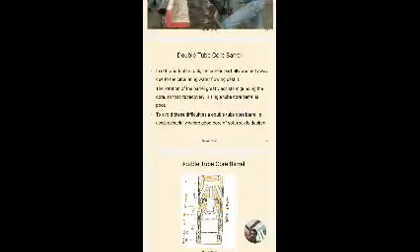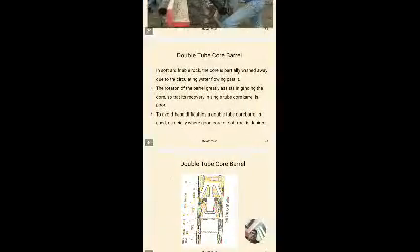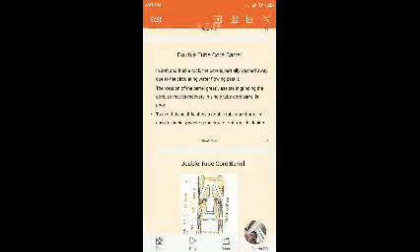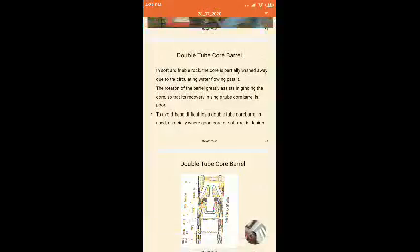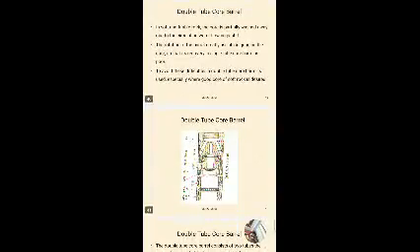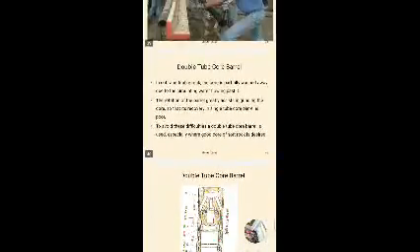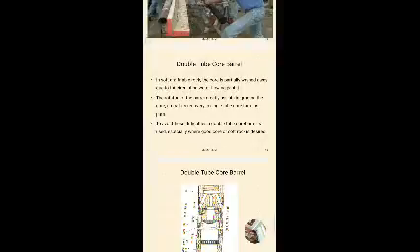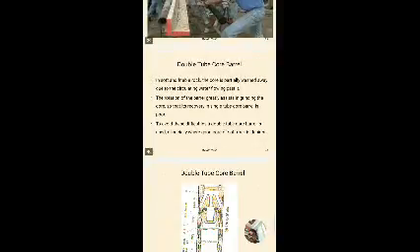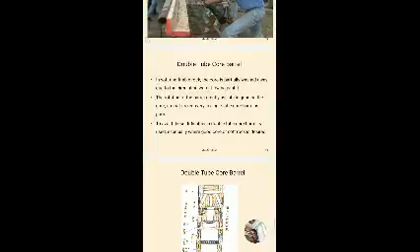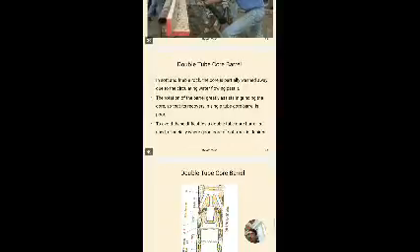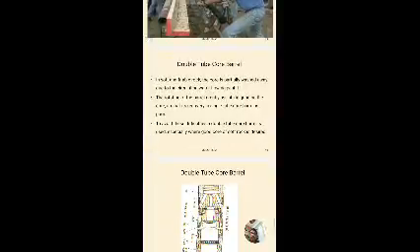This is another type of core barrel, the double tube core barrel. This core barrel is used whenever the core to be recovered is soft in nature, the strata is soft and more friable.